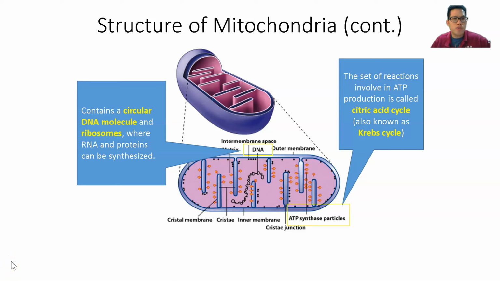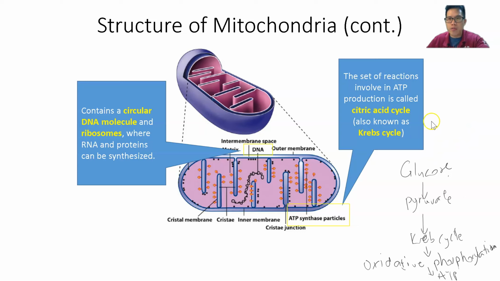The food contains rich carbohydrate. The carbohydrate will break down ultimately to glucose, and it will be converted to what we call pyruvate. Glucose to pyruvate happens in the cytoplasm of the cell. Then it will go into the mitochondria, which is this.